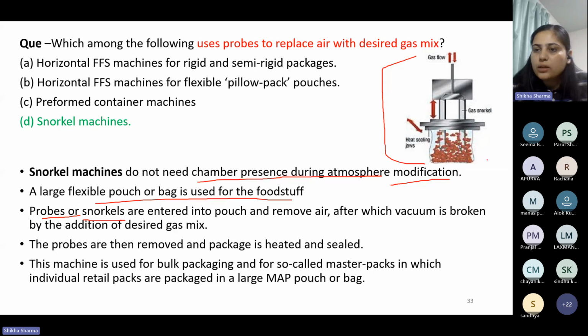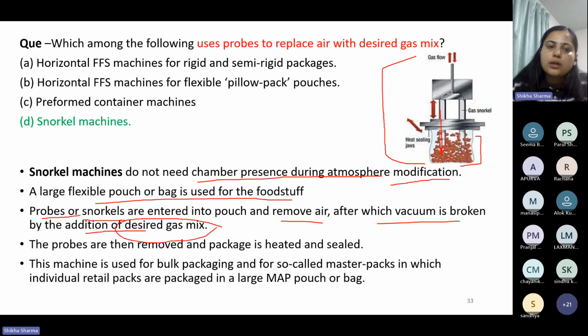These snorkels come inside the pouch and remove air, after which the vacuum is broken by addition of gas. So all the air will be removed and a vacuum will form, and after that we can add the desired gas mixture in the pouch. These probes are then removed and the package is heated and then sealed.